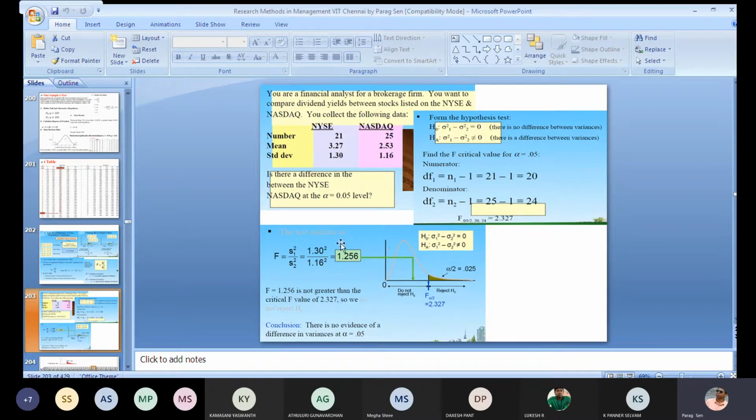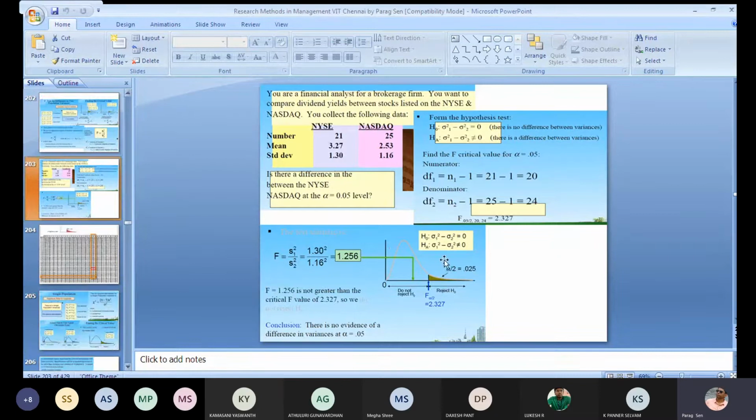Now you should compare your statistic with some cutoff value. Okay. So how can you calculate your cutoff value? You should consider it given alpha is equal to 0.05 and these 2 degrees of freedom for the F distribution.